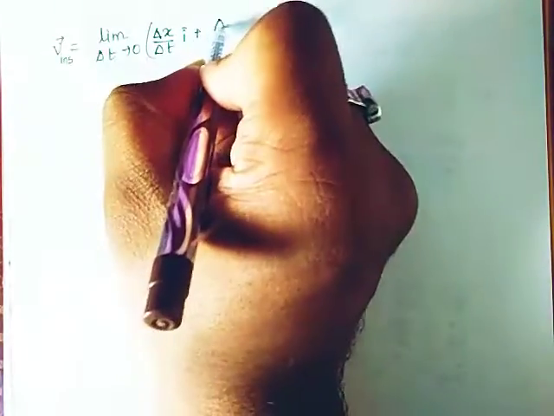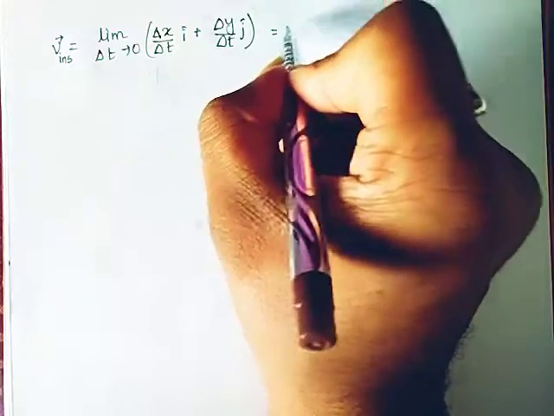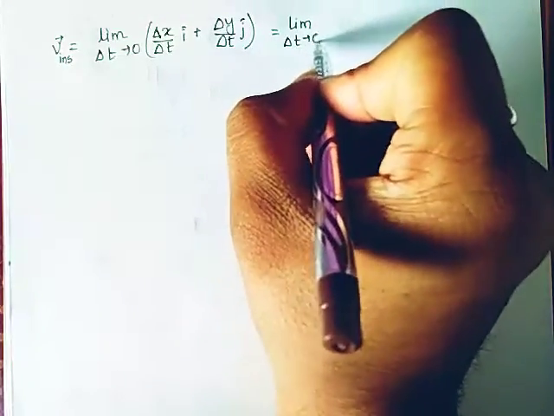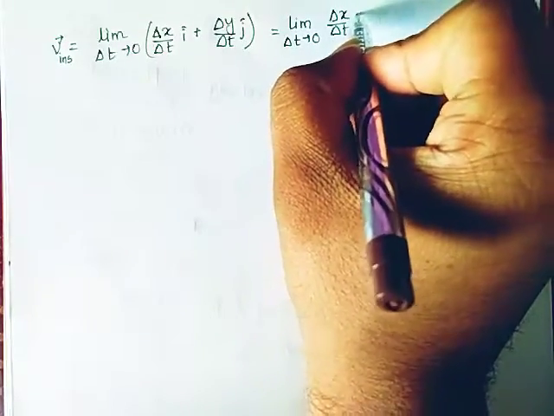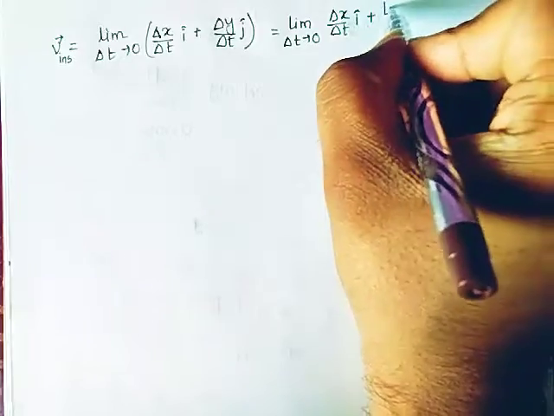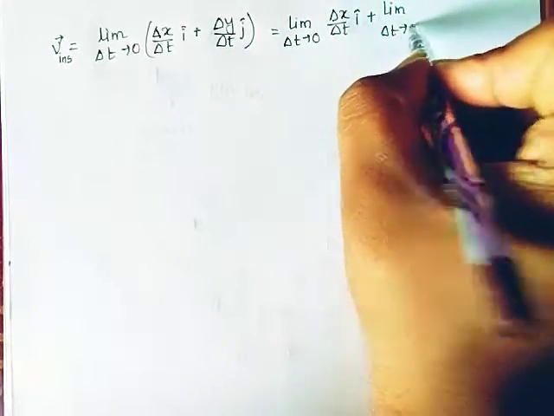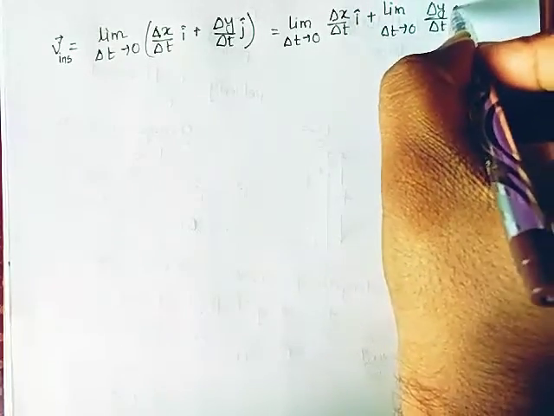So we can write it as del x divided by del t i cap plus del y divided by del t j cap. If I take this limit within the bracket, then it will be limit del t tends to 0 of del x divided by del t i cap plus limit del t tends to 0 of del y divided by del t j cap.